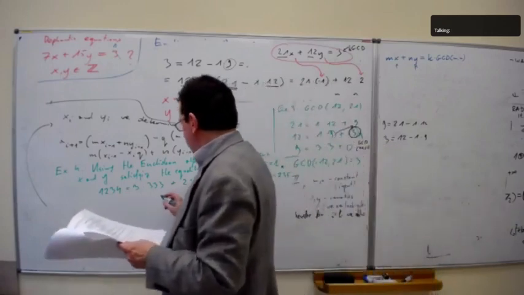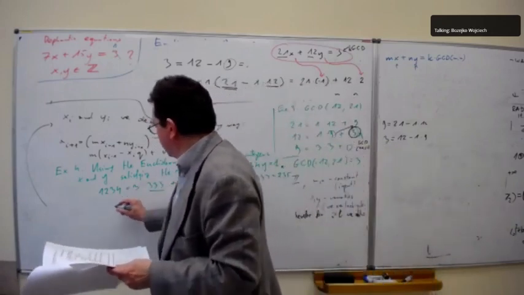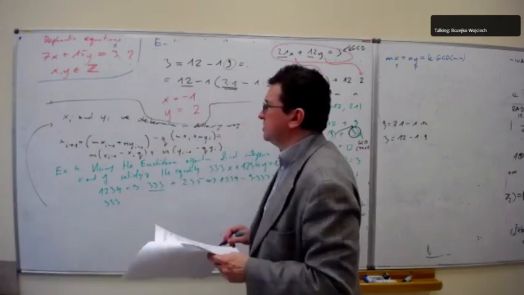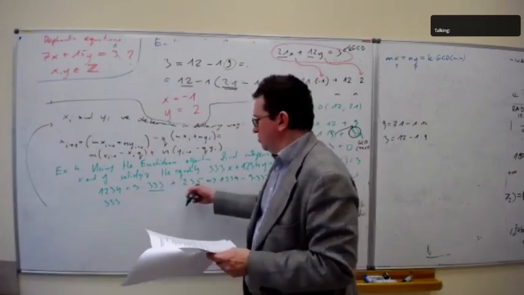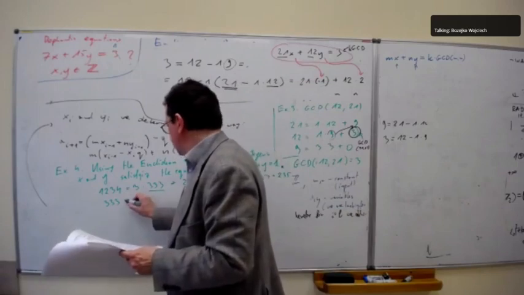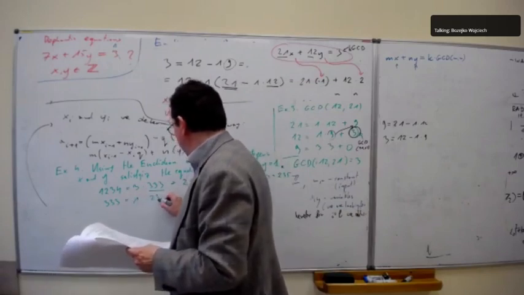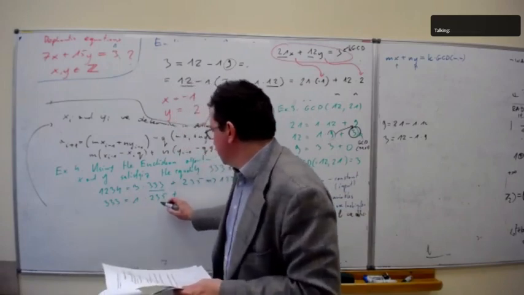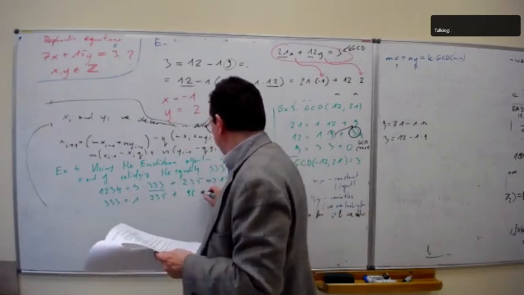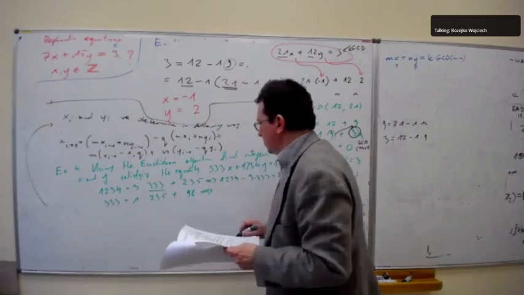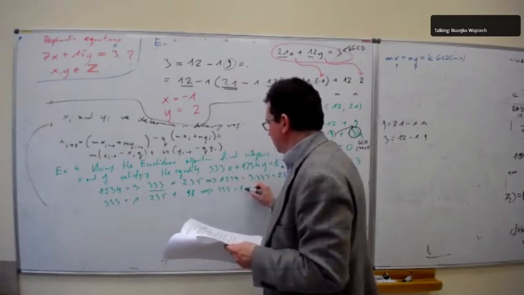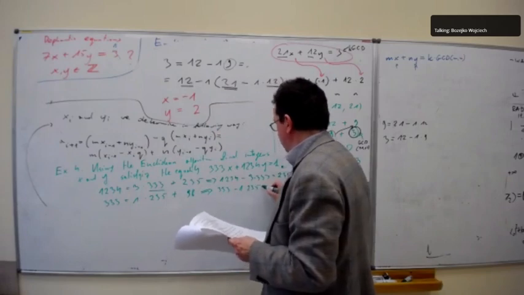Next, we divide 333 by the previous rest. So this will be 1 times 235 plus the rest. The rest will be 98. And also here we can write that 333 minus 1 times 235 is 98.